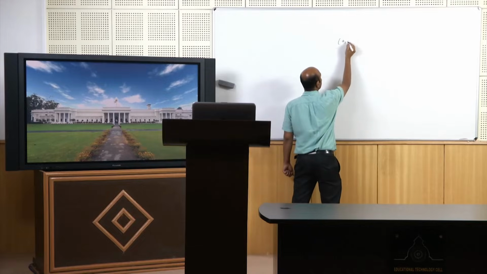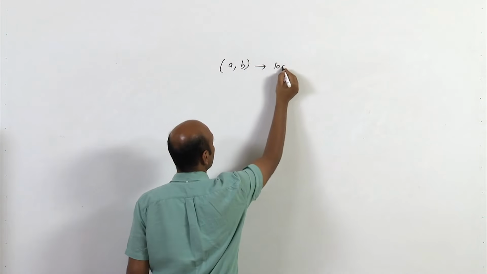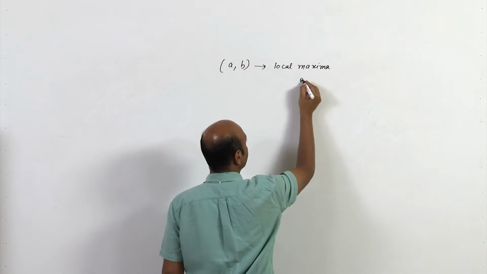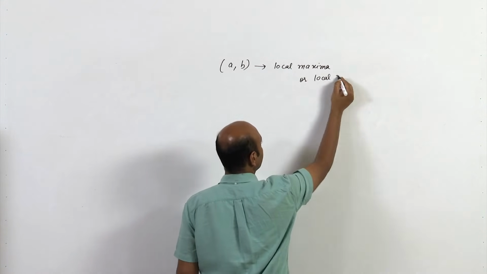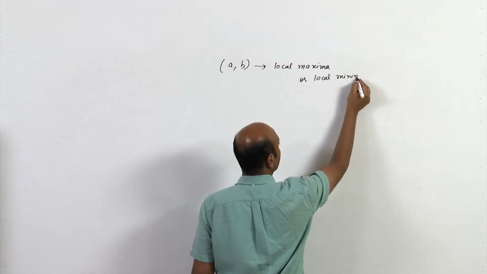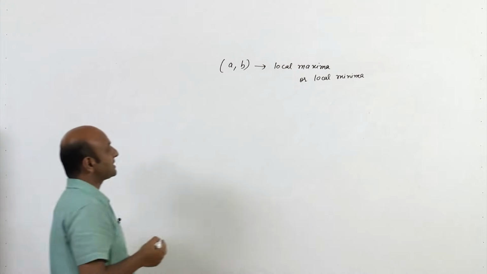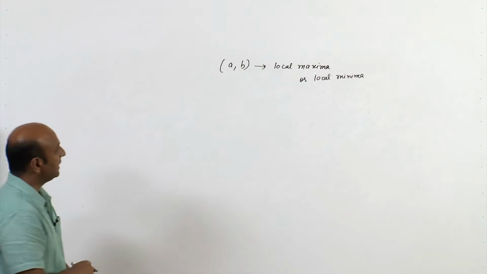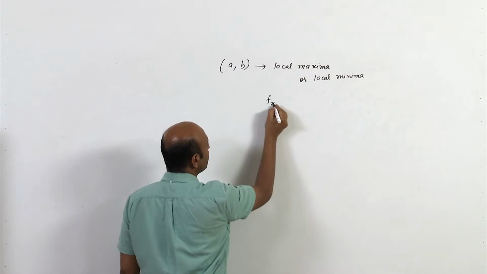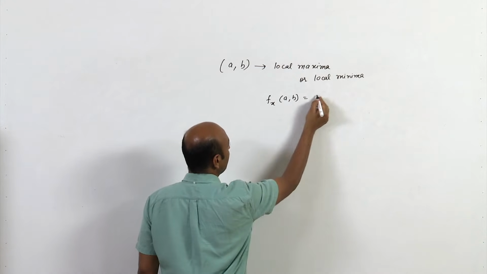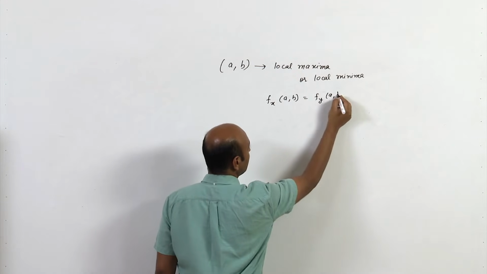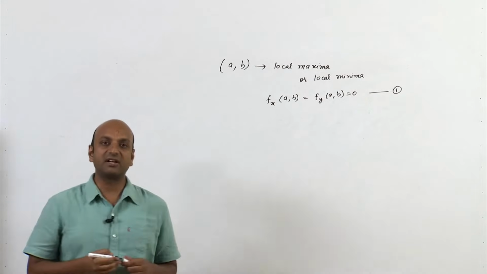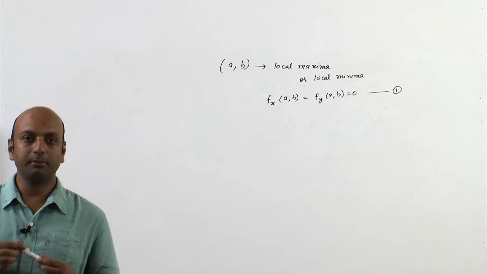Let us suppose (a, b) is a point of local maxima or local minima, and the first and second order partial derivatives exist. Then fx at (a, b) will be equal to fy at (a, b), which is equal to 0. This is by the first derivative test of local maxima or local minima.